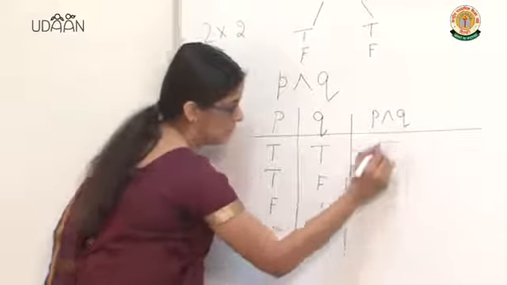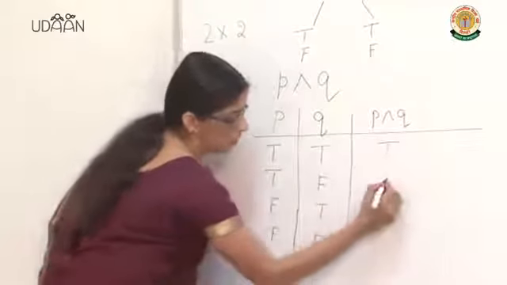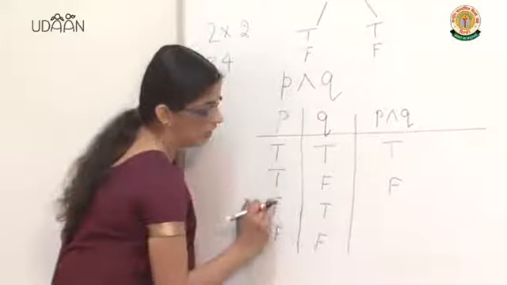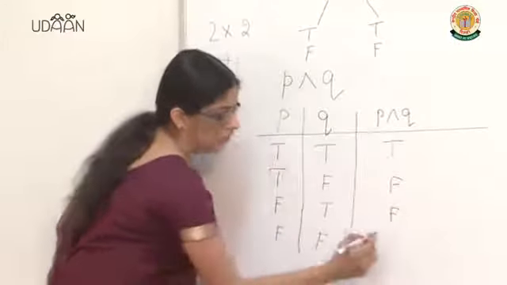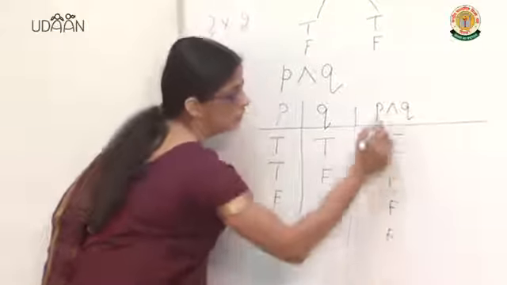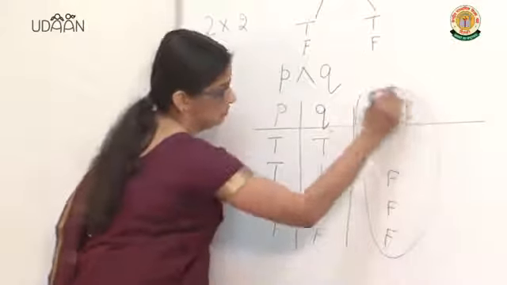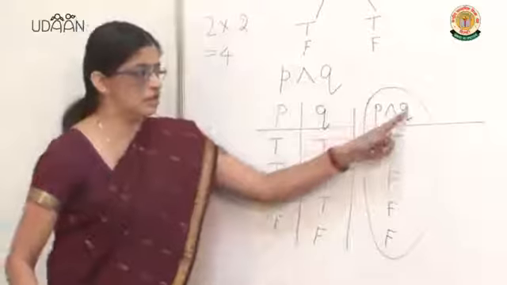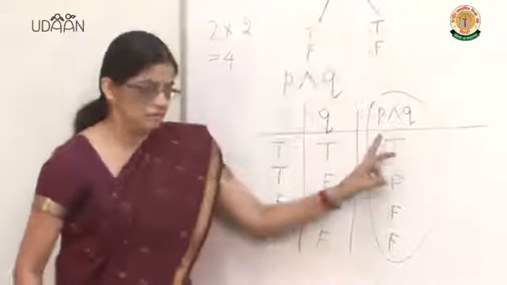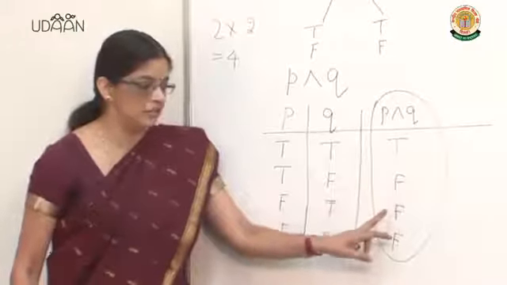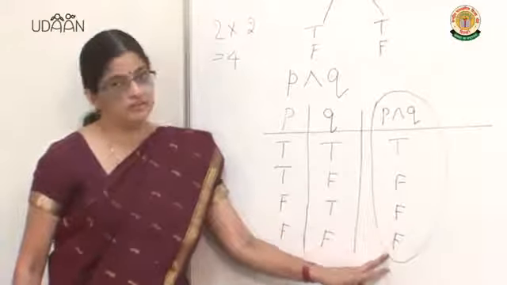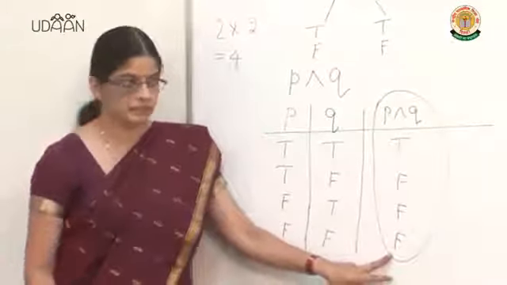It is T. True and false is false, false and true is false, false and false is false. So the truth value of the conjunction is given by true, false, false, false. Is it clear?